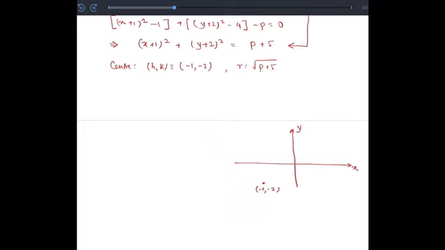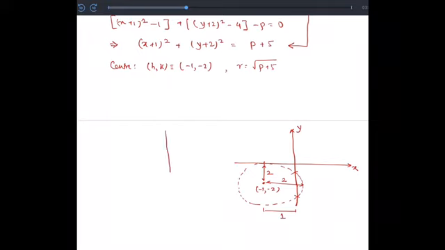So one possibility is this, where you have 1, 2 and 3 common points. So this distance is 2 units, and this distance is 2 units, and this distance is 1 unit.